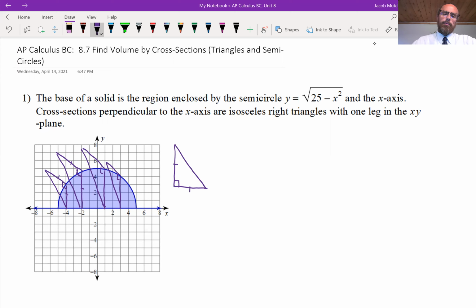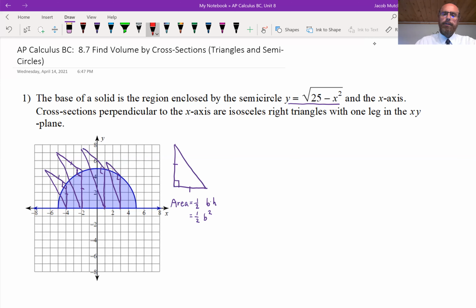So when we find the area of each of these cross sections, it's going to be 1/2 times the base times the height. But since the base and the height are the same, we can think of this as 1/2 times base squared. And we're going to define the base according to this semicircle, so that's going to be the square root of 25 minus x squared.